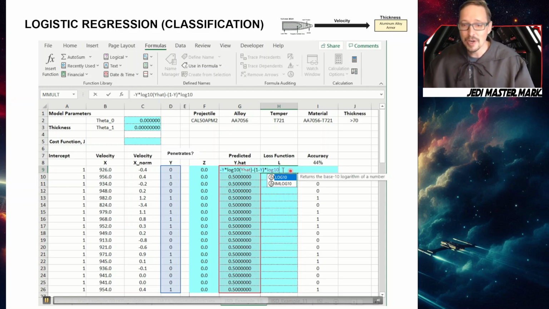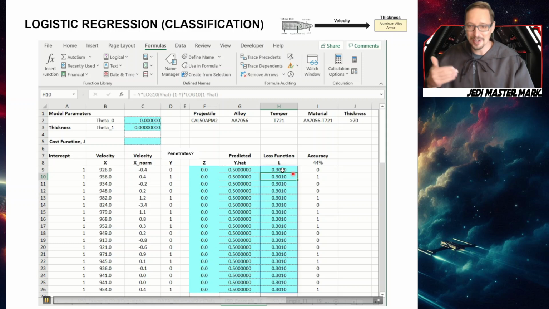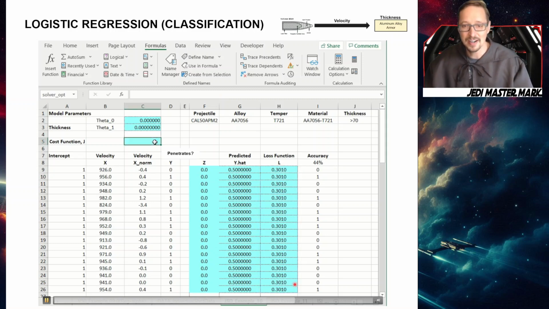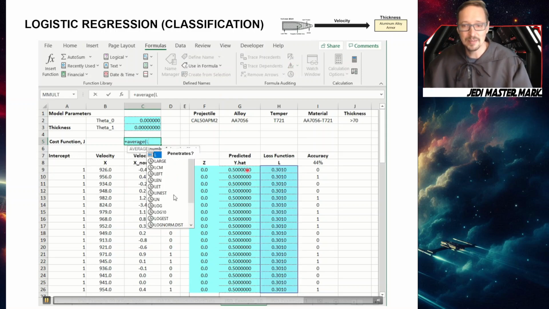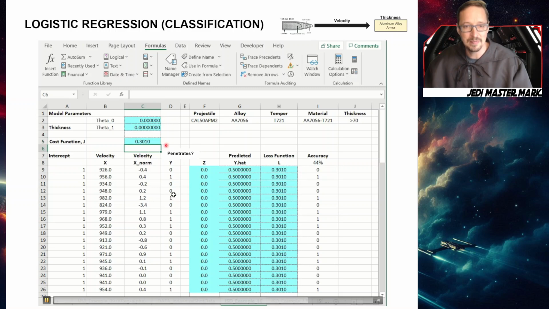So negative y times the log of y hat minus 1 minus y times the log of 1 minus y hat. So you hear me talk about that over and over again. You can see the loss function there. Since it's predicting 0.5, they're all the same, and the cost function is going to be the average of those loss functions.